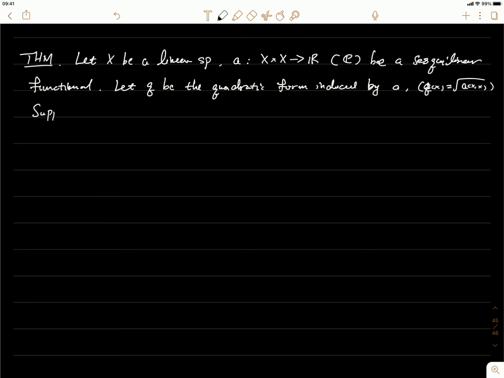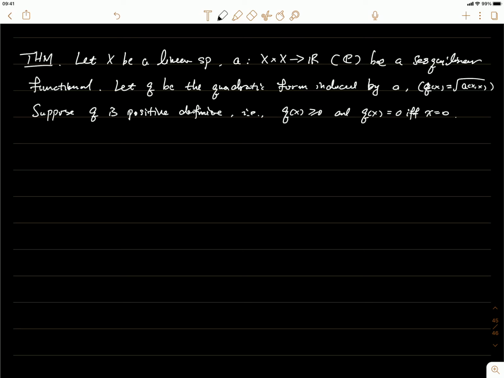Suppose that this Q is positive definite. That is to say that Q(x) is greater than or equal to 0, and that Q(x) equals 0 if and only if x is equal to 0.